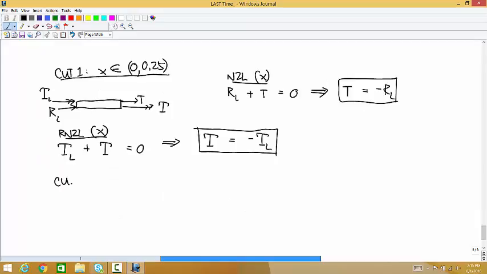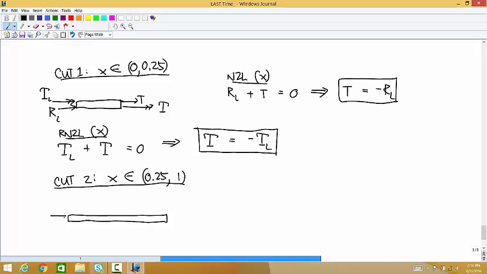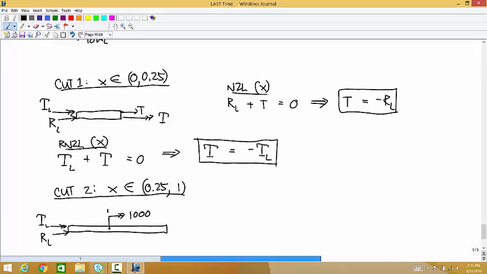And then cut 2. For x values between 0.25 and 1. So we still have those same 2 loads on the left end. Now we also have a torque of 1,000, and a force to the right of 4,000.